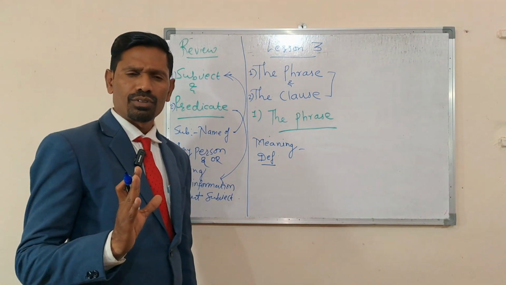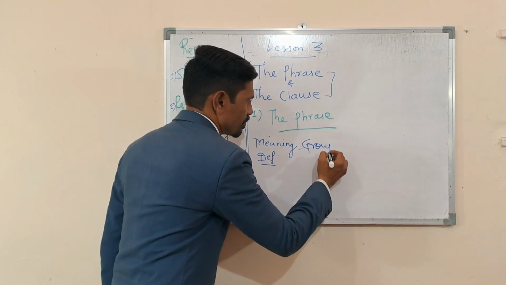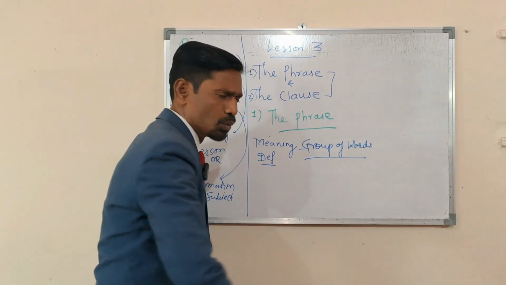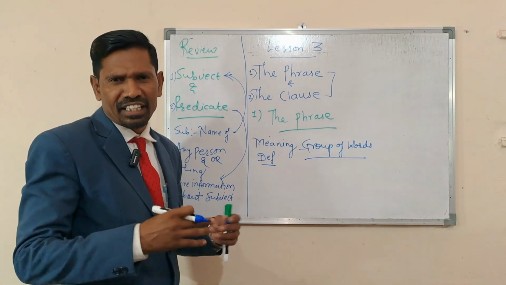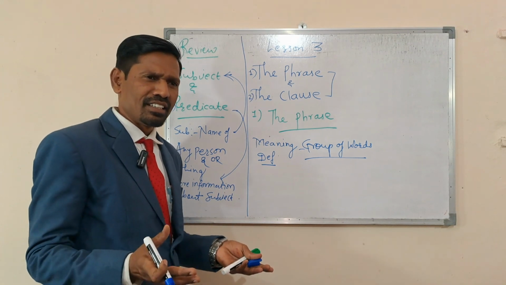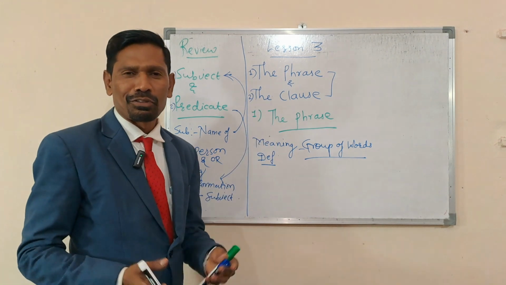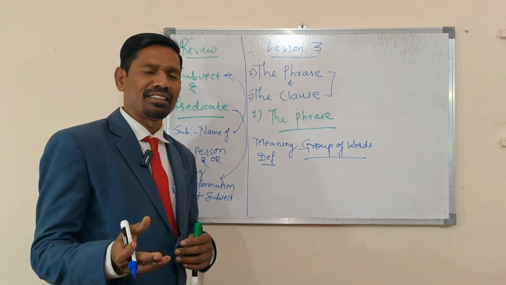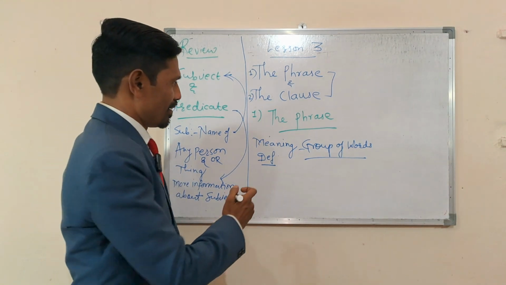A phrase is also nothing but a group of words. Same thing in the predicate also. We understood what a predicate is. Predicate is a collection of words, and a phrase is also a collection of words. How do we identify a phrase and a predicate? Very simple.